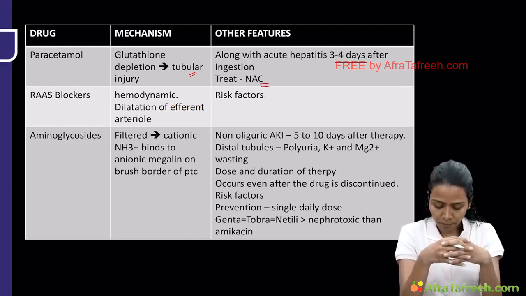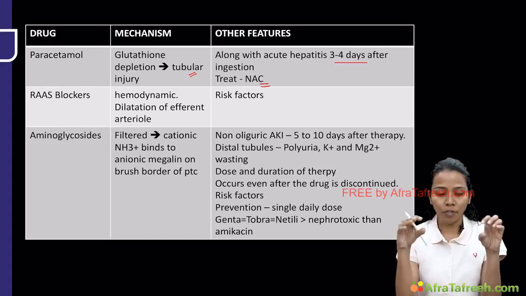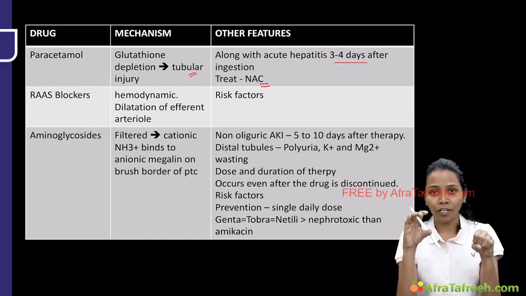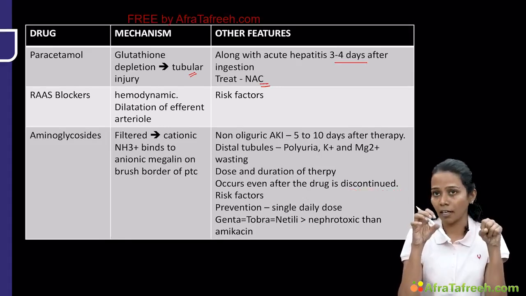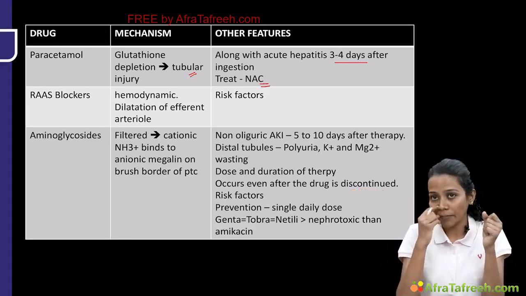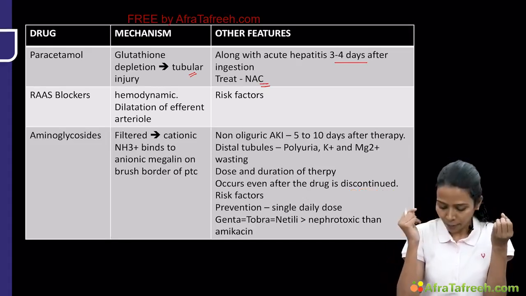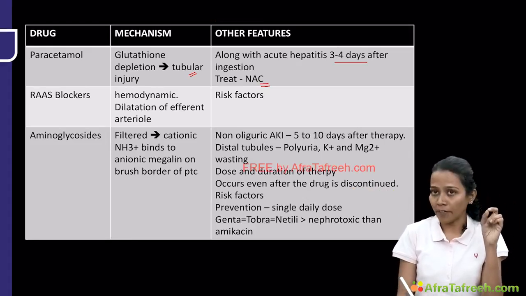Similarly, RAS blockers have a hemodynamic effect. You know, dilatation of the afferent arteriole and vasoconstriction of the efferent arteriole is what protects the kidney in volume depletion. So if there is the reverse, dilatation of the efferent arteriole by giving RAS blockers, then that can lead to AKI. Now, what are the risk factors? Not all develop this.